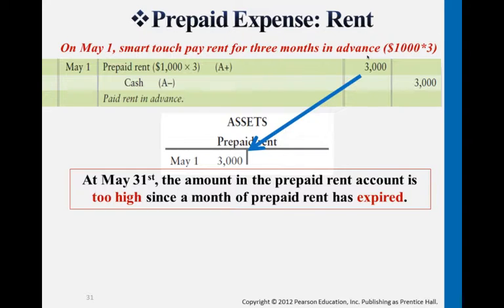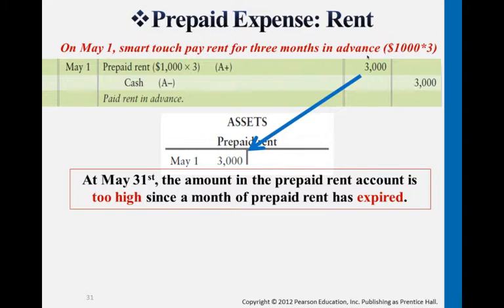For 3 months, right? So you see the bracket there, 1,000 times 3, and at the end it says paid rent in advance. So let's assume that this $3,000 is worth of using a certain location for 3 months. So meaning each and every month the rent expense is $1,000. So this is May 1st when we actually make the payment in advance, prepaid rent.